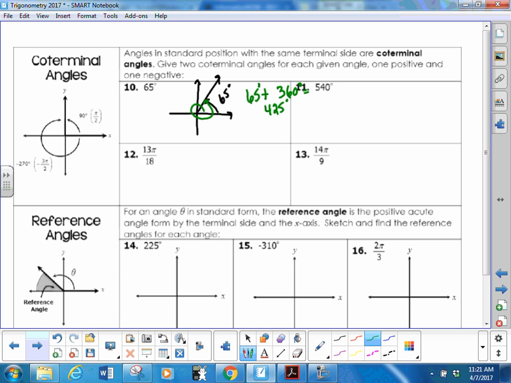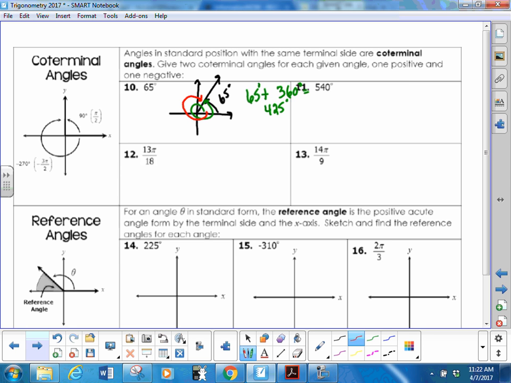Now, is there another option for how I could have ended up at that place? Yeah, I could have gone around twice, right? But what if I had gone around the other way? What if we had gone clockwise? Still started at the positive x-axis, but instead of going counterclockwise, we went clockwise. What degree is that?